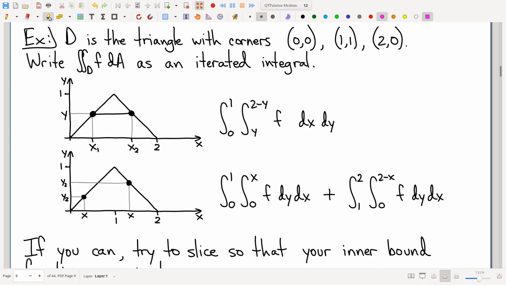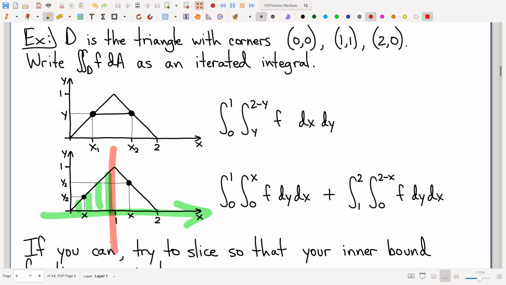Let me draw here. As I slice in the x direction, my slices start to look like this, and then something bad happens at that point, right?